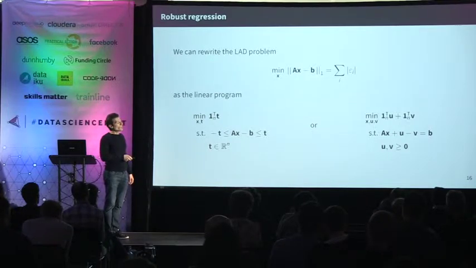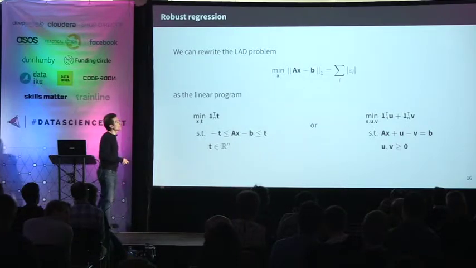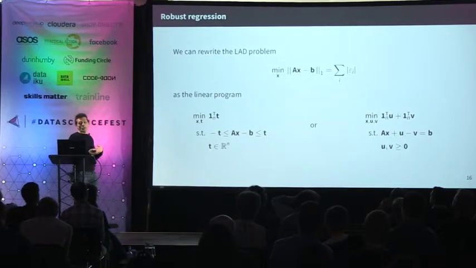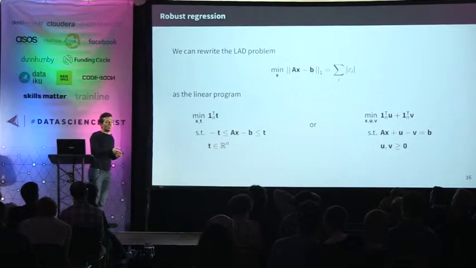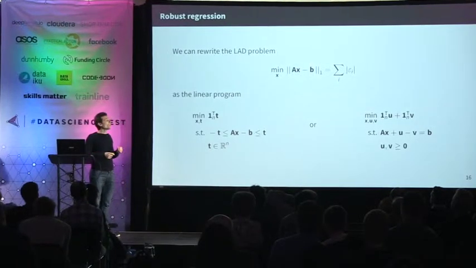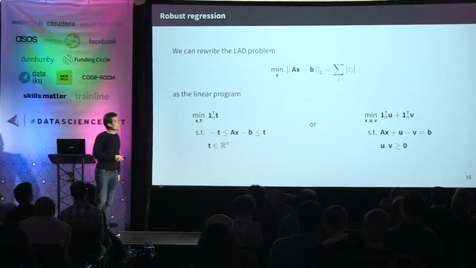And my deviations are positive, because of course these ensure that then this minus v will be negative, so it will be my negative deviation. In this way, we have transformed something which didn't look very linear, but almost, into a linear program. And this will do your robust regression, trying to predict the median rather than the mean, or your least absolute deviations problem. These are all the same, pretty much.